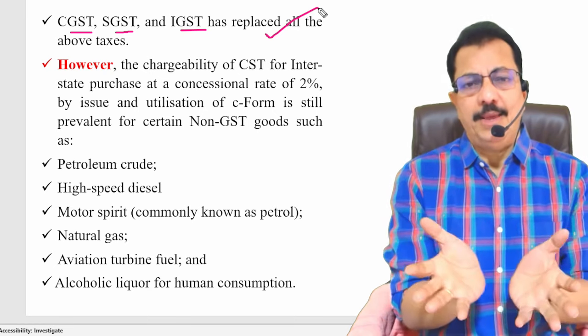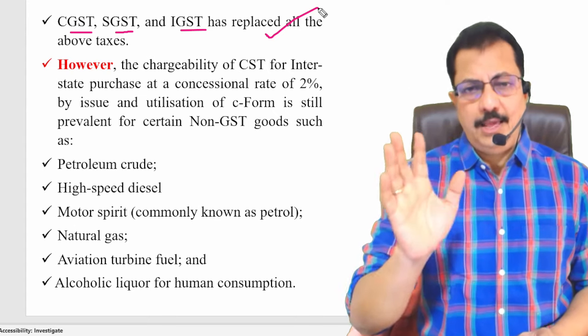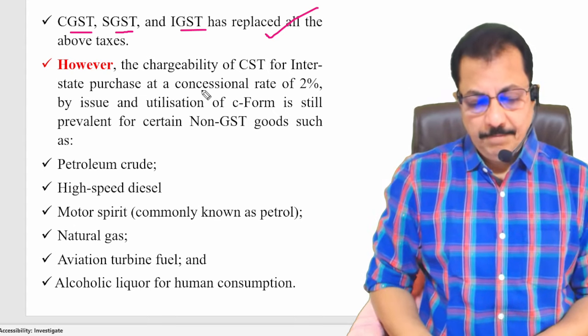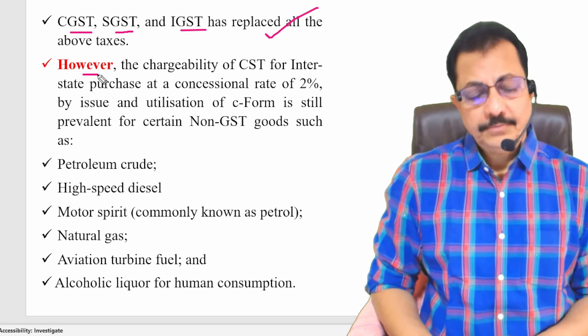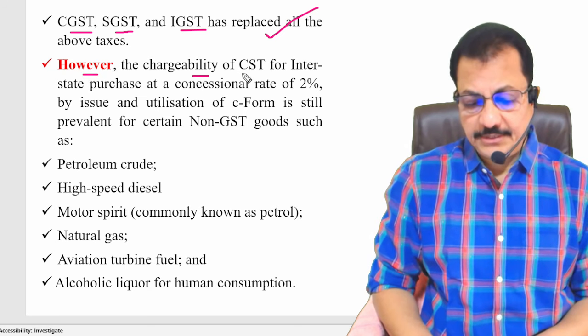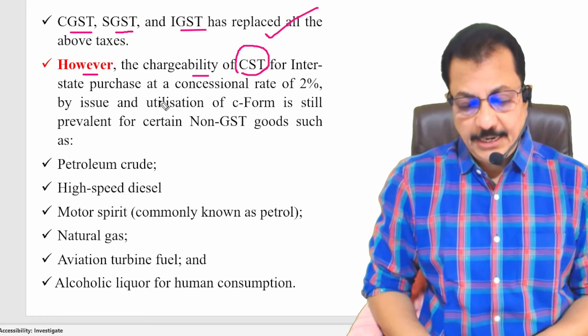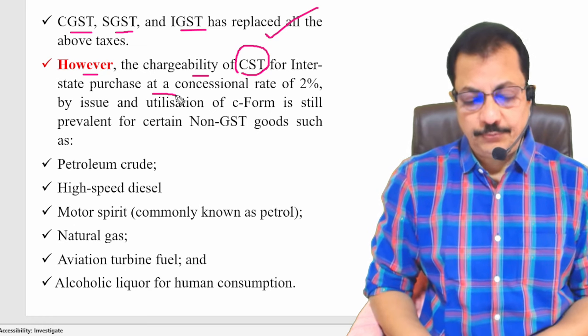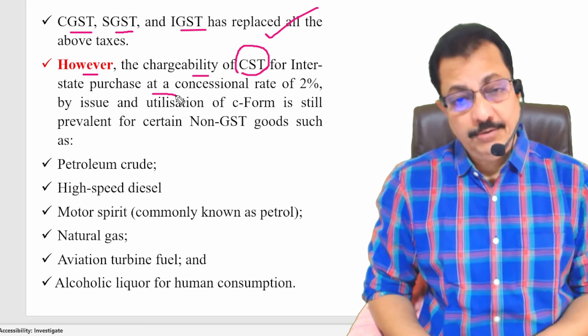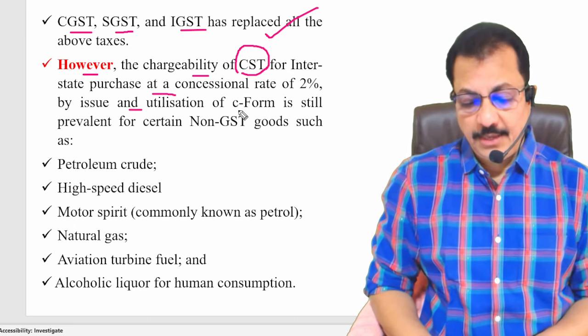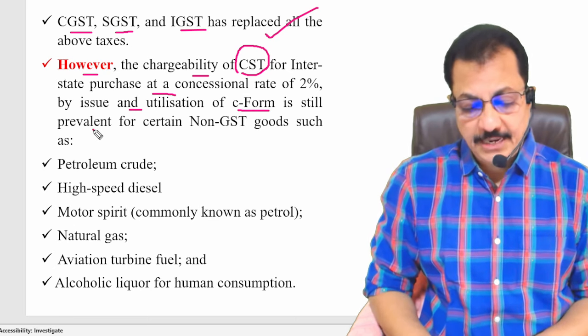In a comprehensive manner, I can say they all have been subsumed under GST. Clear? However, the chargeability of CST, central sales tax, for interstate purchase at a concessional rate of 2% is even today existing. By issue and utilization of the C form is still prevalent for certain non-GST goods.